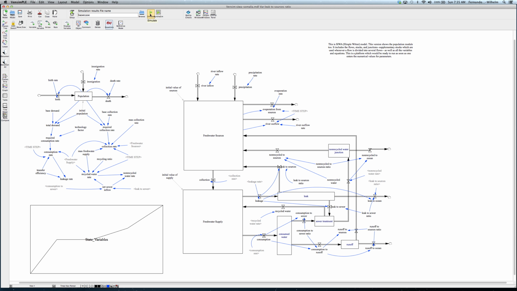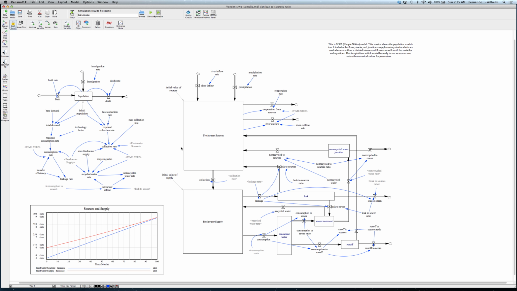And if you do that, if you just click on the simulate button, then you see the bottom graph here. I showed some more graphs of this in the lecture itself, but in this case, you can see that with the set of parameters in the simulation, over the period of 100 months, so this is roughly 8 years or so, the blue is the sources, and the red is the supply.